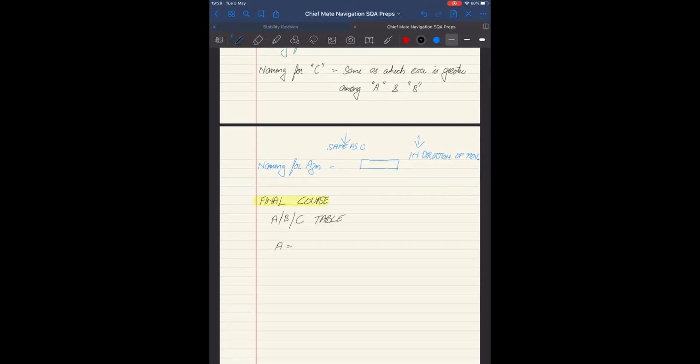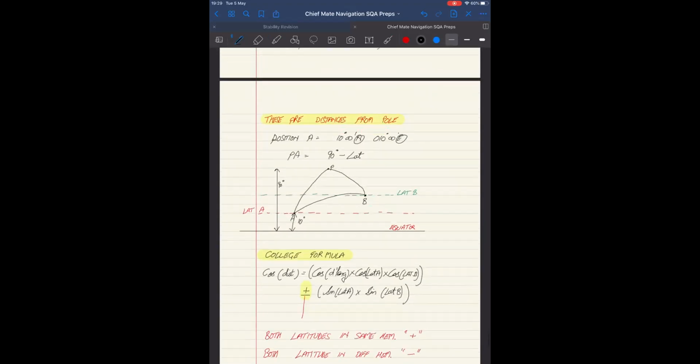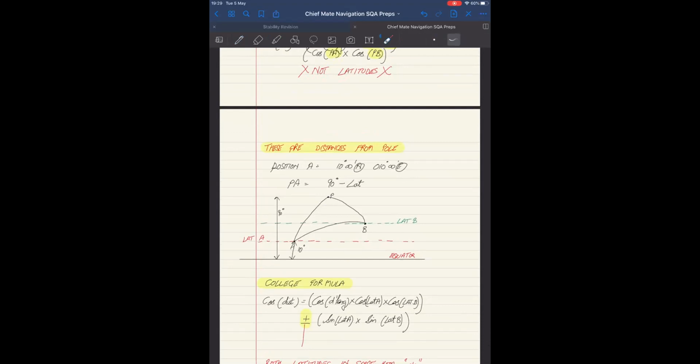A is tan of lat B this time, because if you look at this drawing, we have to use this as our initial position now, and this as the final position. So our initial position in final course would be lat B, and our final position would be lat A. This is the assumption we make.